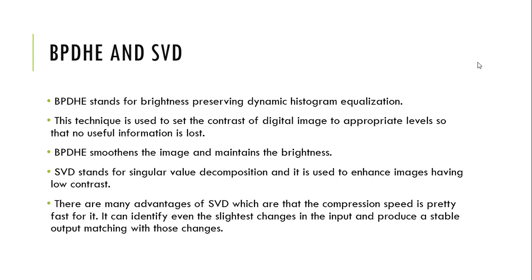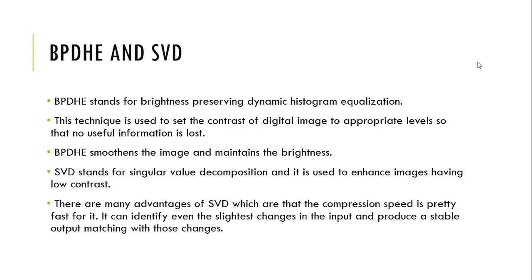The next technique is BPDHE and SVD. BPDHE stands for Brightness Preserving Dynamic Histogram Equalization, and it is used to set the contrast of a digital image to appropriate levels so that no useful information is lost. It also smoothens the image and maintains its brightness.